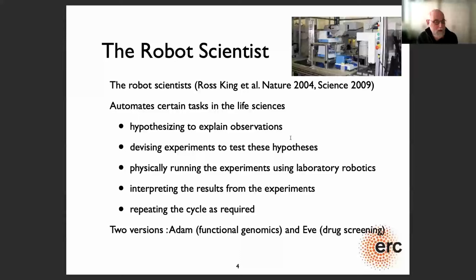The robot would design the experiments and would carry them out. And depending on the results of the experiments, they would actually revise their theory. So it was very much an active learning setting that was doing theory formation in the life sciences. And they had two versions of that, Adam and Eve, one for functional genomics, and one for drug screening.